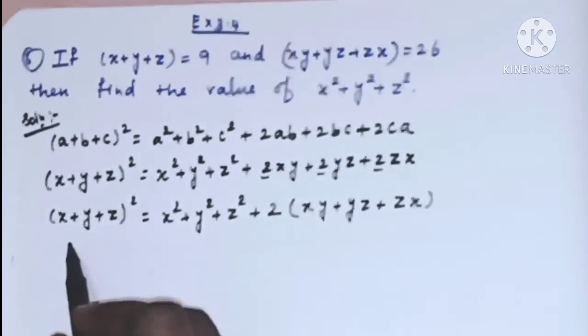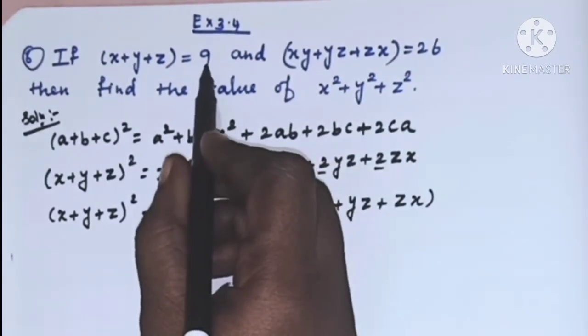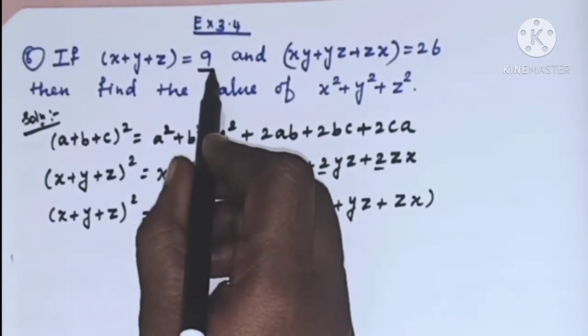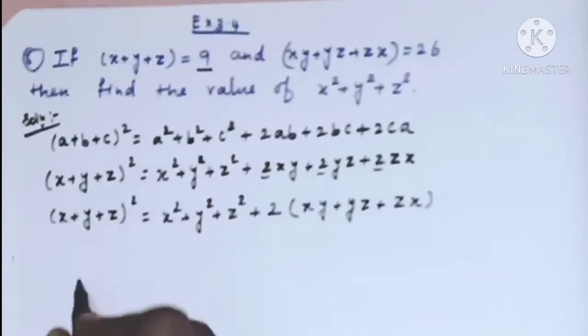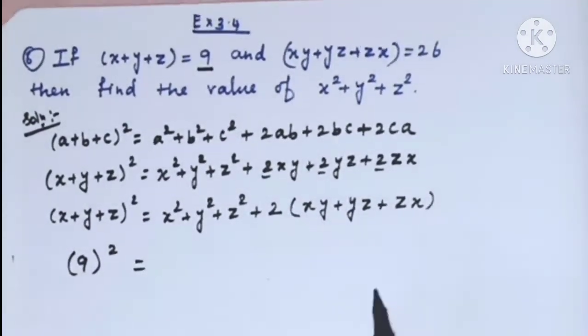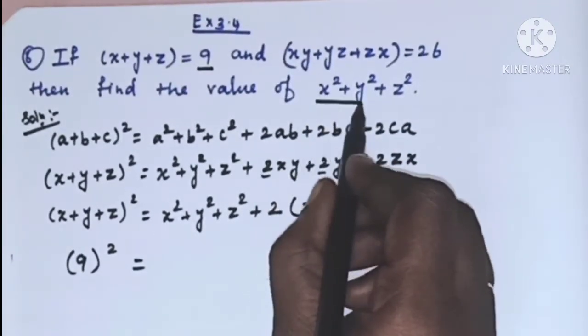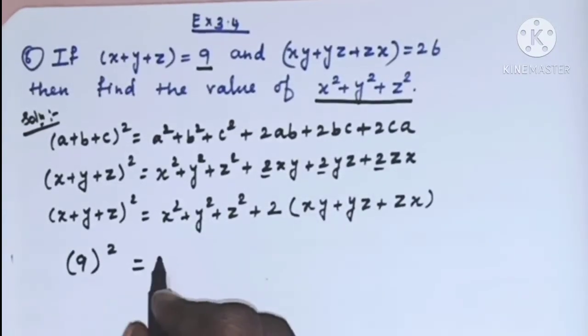Now, the value of x plus y plus z is given in the sum. It is 9. So, substitute 9 in this place. 9 the whole square is equal to, this one we don't know. This one only we have to find, x square plus y square plus z square.